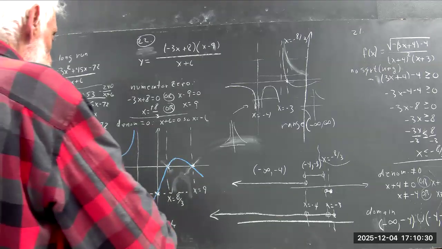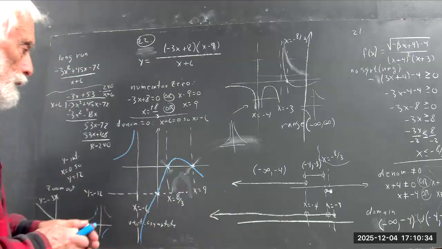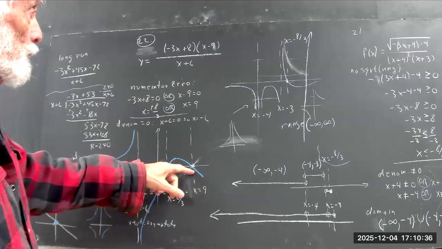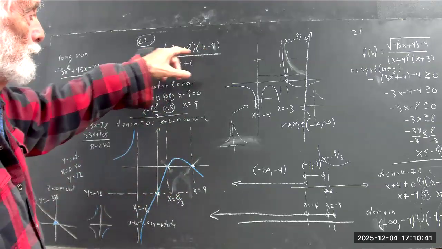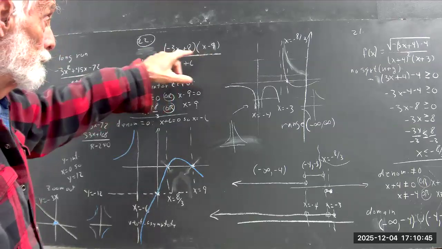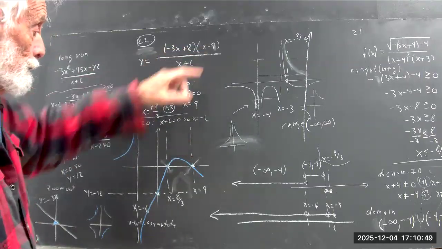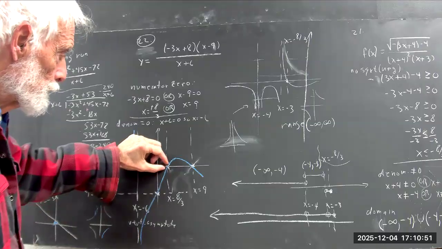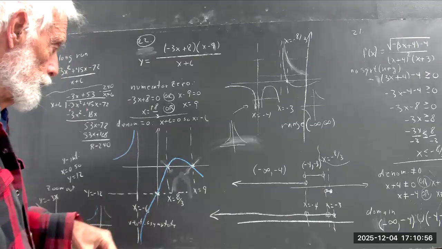Then we come up from down here, we go through this point, we go through this point. We go through both of these points along straight lines because both of the factors of the numerator that give us the zeros are linear. So it acts like a straight line in the very near vicinity of this point and in the very near vicinity of this point.